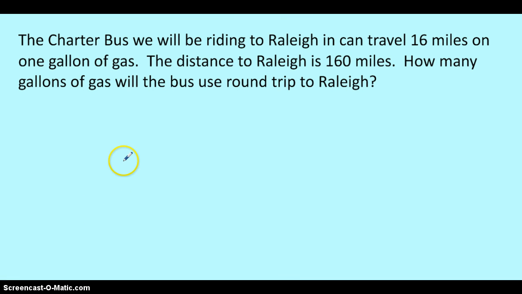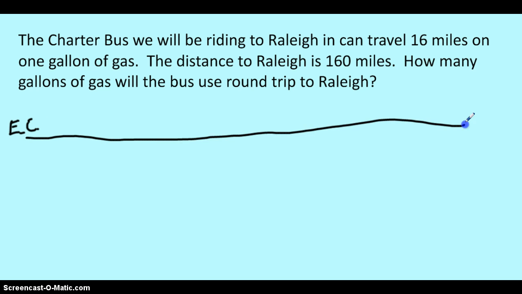All right, last one. Charter bus going to Raleigh can travel 16 miles on 1 gallon. Well, the distance to Raleigh is 160 miles. So if we made a little chart here, EC, all the way to Raleigh, I'll put that as RAL, just to substitute. We know that this total distance from here to here is 160 miles.